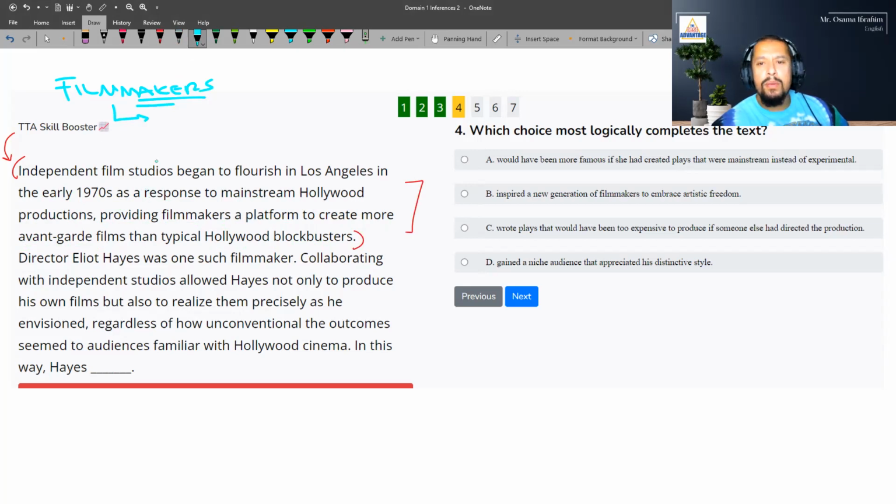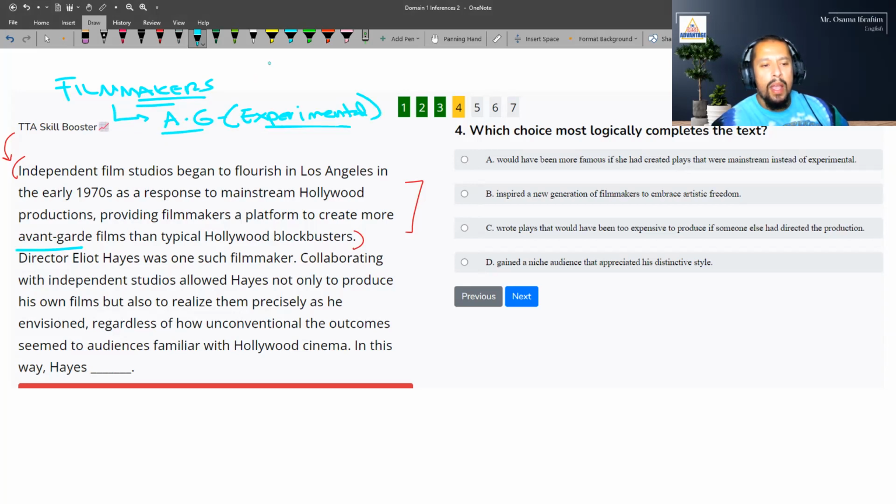I'm sorry, what kind of films do they make, Muhammad? What kind of films do these filmmakers produce? Avant-garde. Do you know what that means? No, but I think it's a type of movie. It means experimental films.